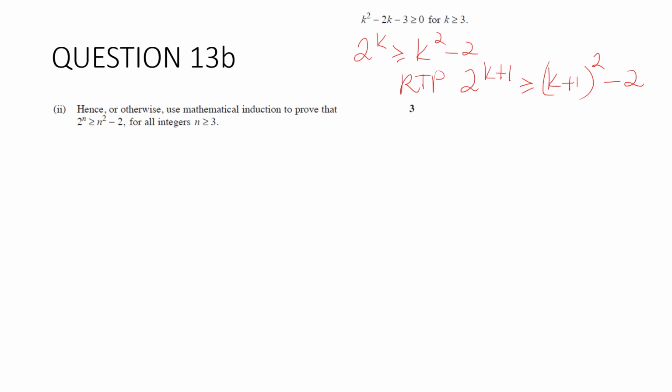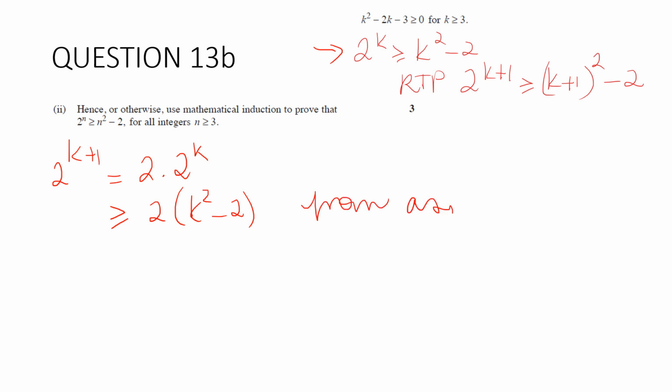So starting from the left-hand side, we have 2 to the k plus 1 is equal to 2 lots of 2 to the k. I'm going to use our assumption. This means that it is greater than or equal to 2 lots of k squared minus 2, which is equal to 2k squared minus 4.